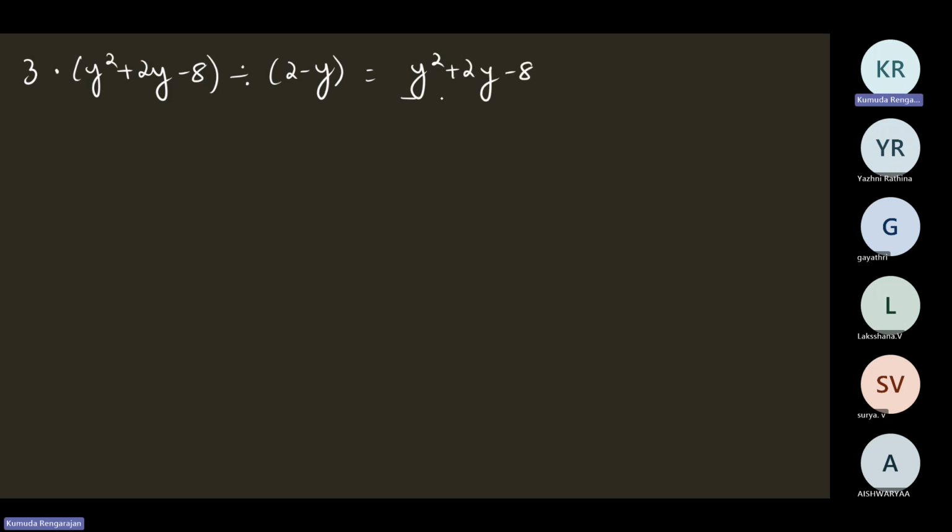So what's the sum in the numerator and what's the product? The numerator is a trinomial. It can be factorized by splitting the middle term. What's the sum? Minus 8. Yeah.